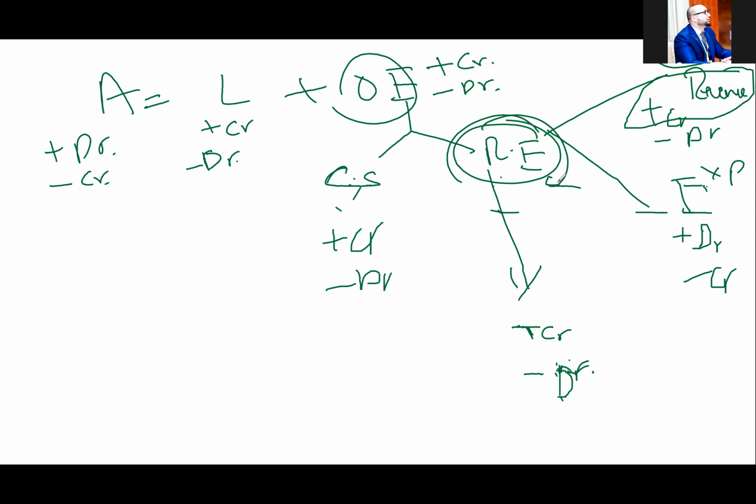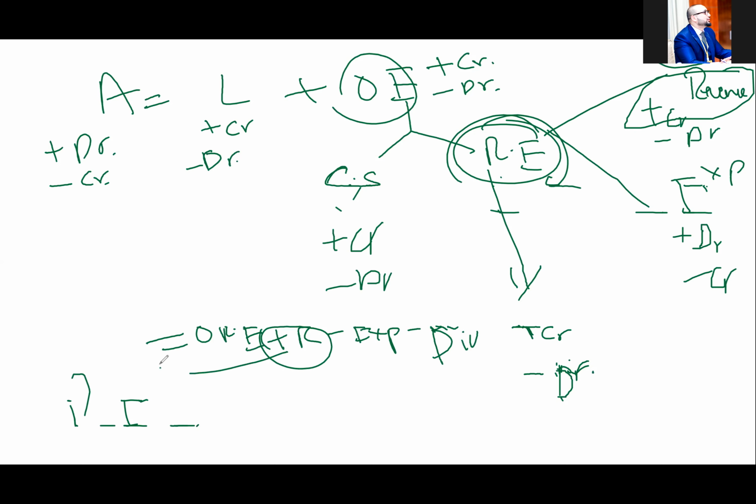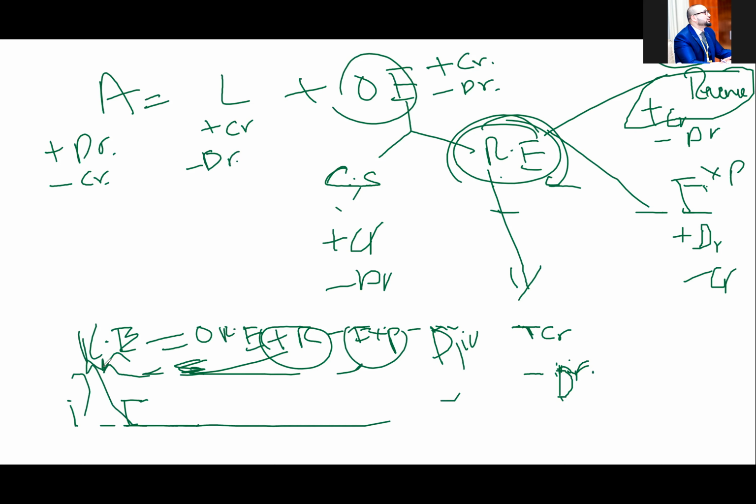And if you remember the formula, retained earnings is opening retained earnings plus revenue minus expense minus dividend. So the account against revenue, expense, and dividend should be retained earnings.